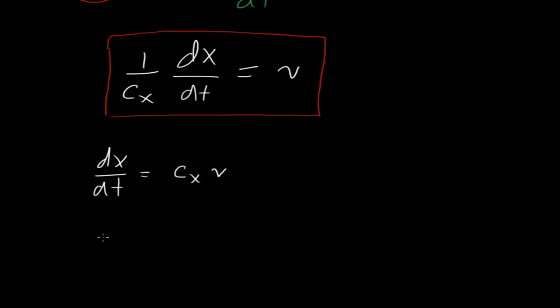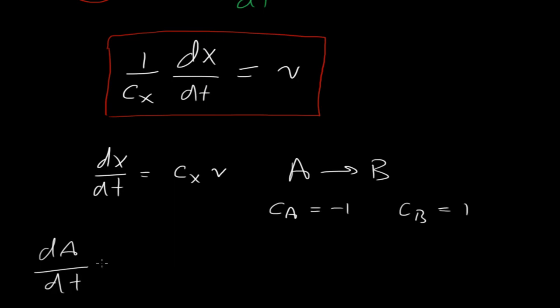So let's consider an example. Let's say I have A goes to B. Well, the stoichiometric coefficient for A is minus 1. The stoichiometric coefficient for B is 1. And I can write down now the rate of change of A is minus 1 times V, and the rate of change of B is plus 1 times the reaction rate.